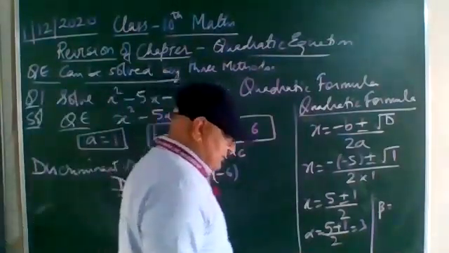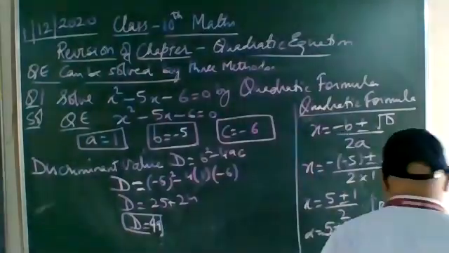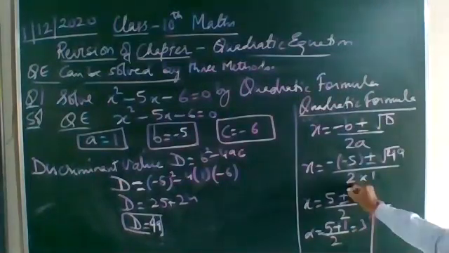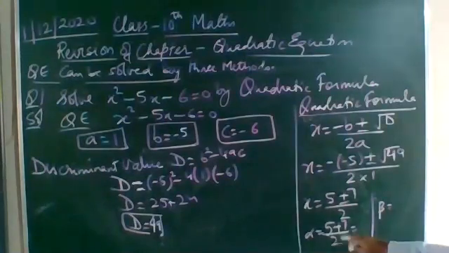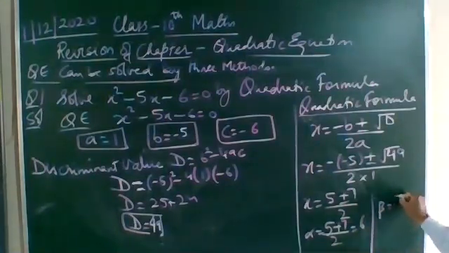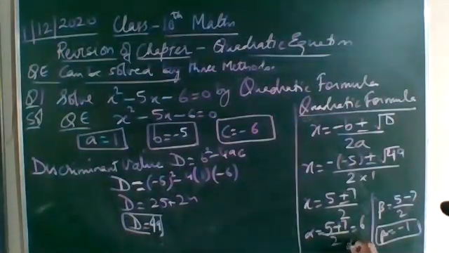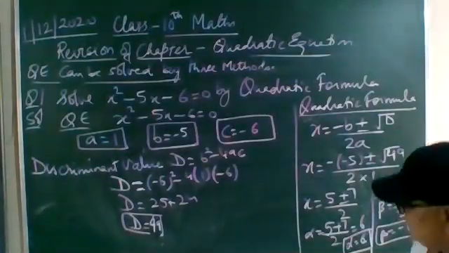Now you will say here D is 49, that is 7. So alpha is 6 and beta is 5 minus 7 upon 2, that is beta minus 1. So this is the way to find out the roots by the quadratic formula.